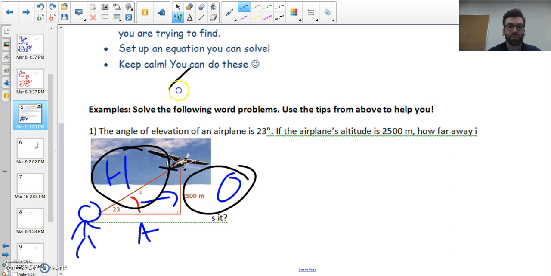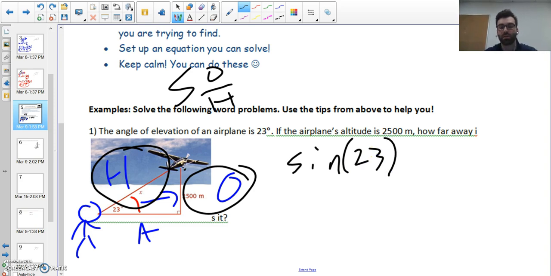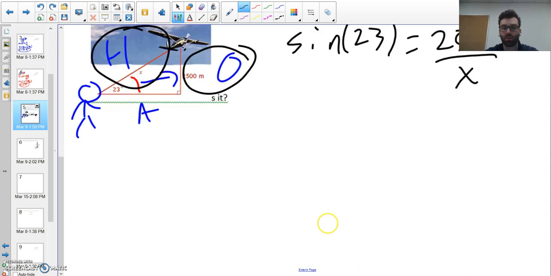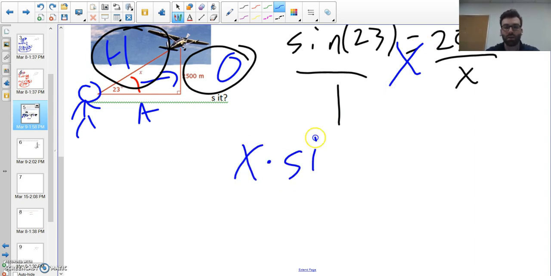Well, O and H is sine. So I'm going to take sine of my angle. This is a review for Wednesday. Sine of 23 equals 2,500 over x. Put sine over 1 and cross multiply. Now in this problem, I have to divide by the sine.